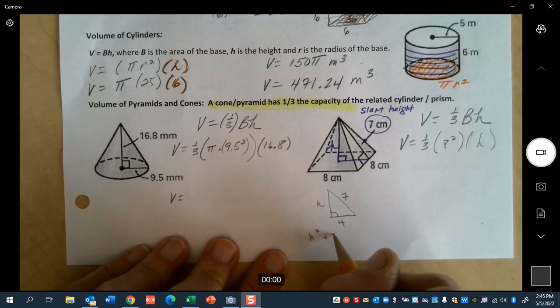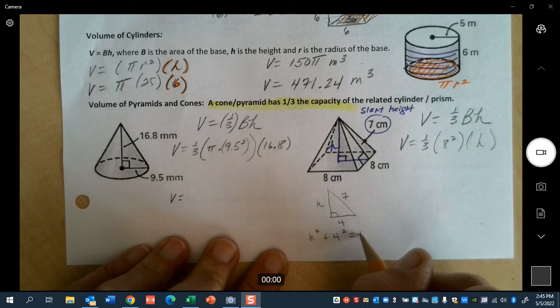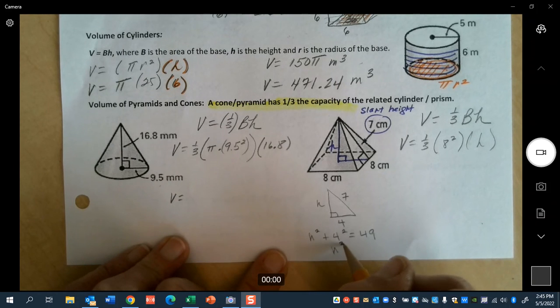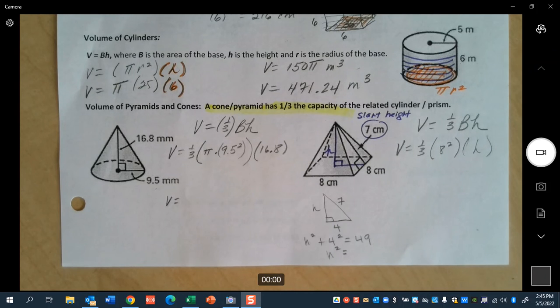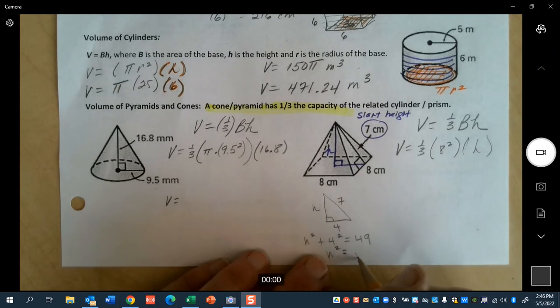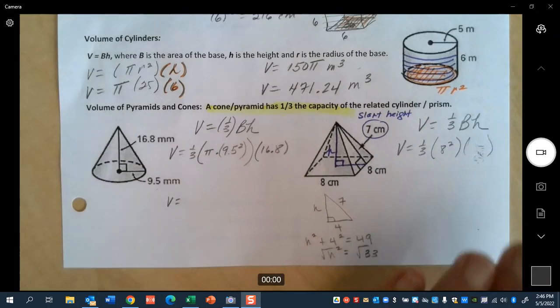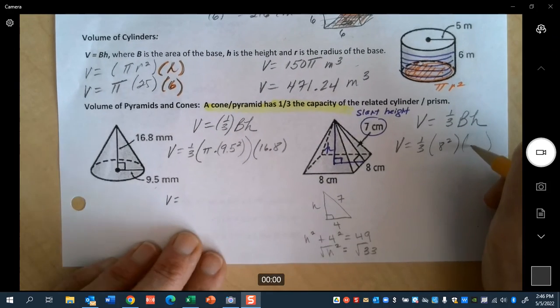So h squared plus 4 squared is equal to 49. H squared is equal to 49 minus 16, so the height is the square root of 33. So this height value here is going to be the square root of 33.